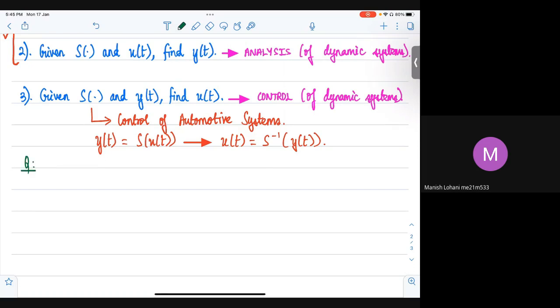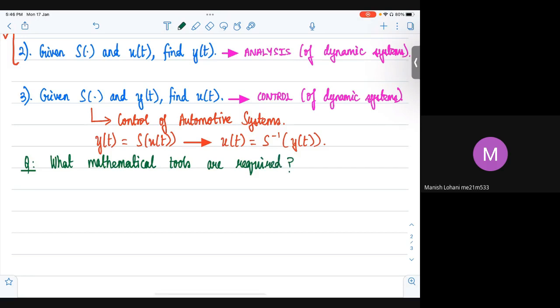Obviously, we are going to use a lot of mathematical tools in this particular course. If you ask me what mathematical tools and concepts are required, I will be revising whatever is necessary as we go along. We will have a recap of all these mathematical tools, and I'm sure all of us would have studied them in a basic undergraduate course in mathematics during our bachelor's degree.